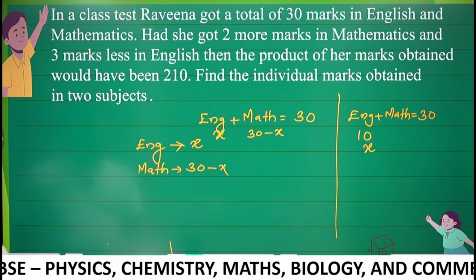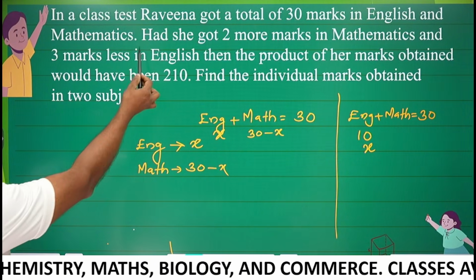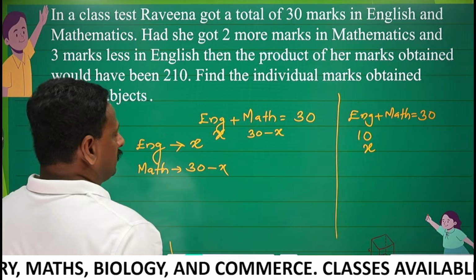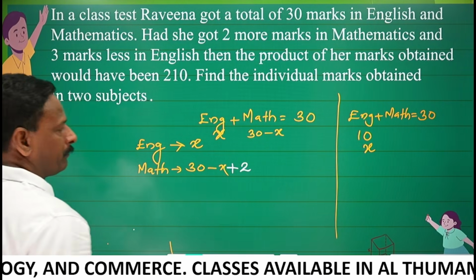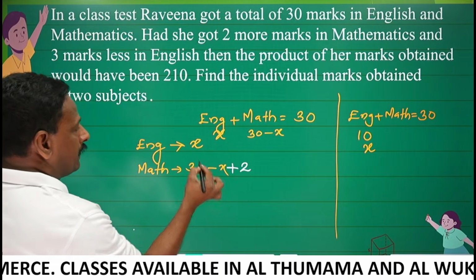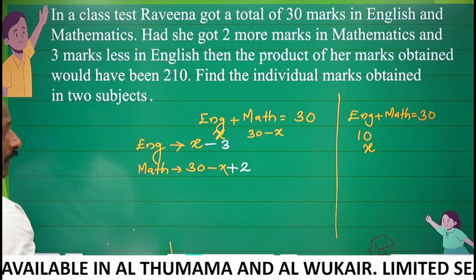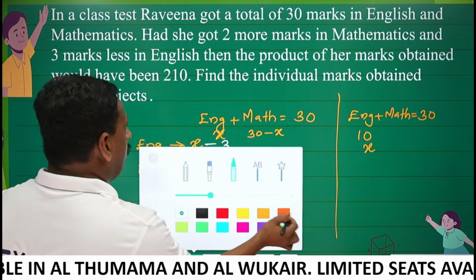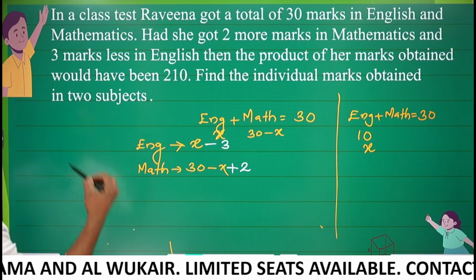Now what the question says is that had she got 2 more marks in mathematics and 3 marks less in English, then the product of her marks obtained would have been 210.